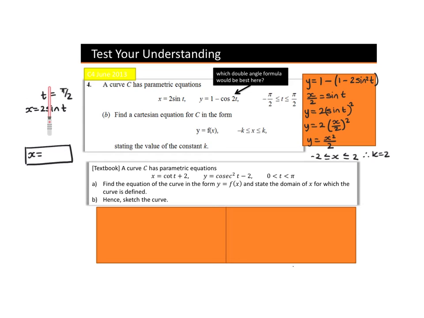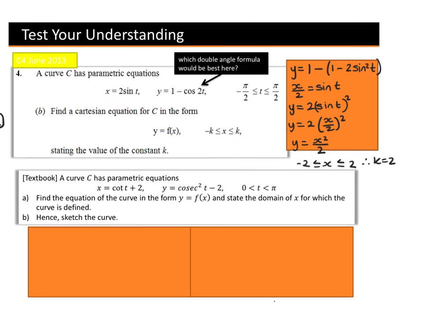What did we do to t? We sined it, and then we times it by 2, didn't we? Okay, the other way you can look at it is you can just do the substitution. 2 sine of pi over 2, and this will give you 2. Okay, either way is fine, but it's really getting the brain thinking, oh, hold on a minute, what's happened? Okay, so a nice little side bit there.